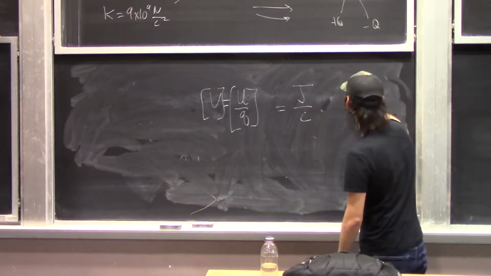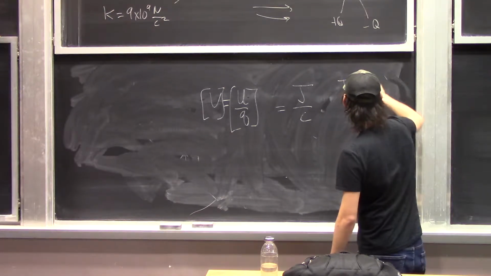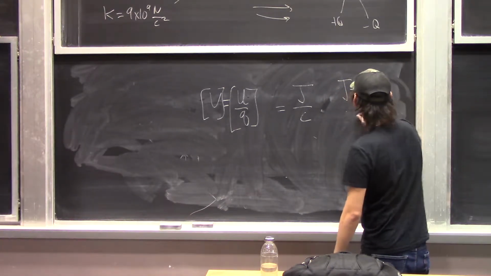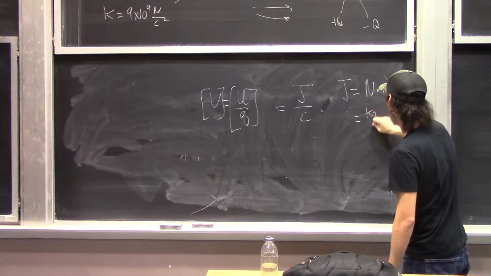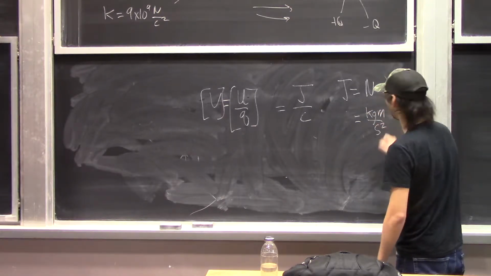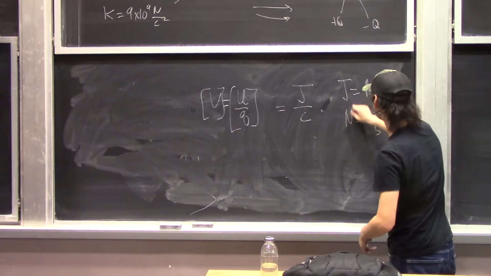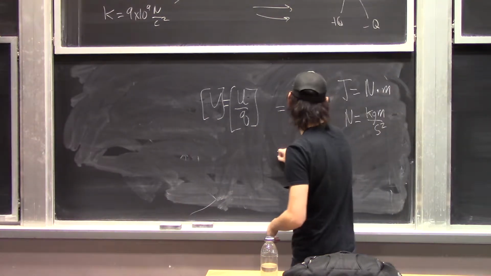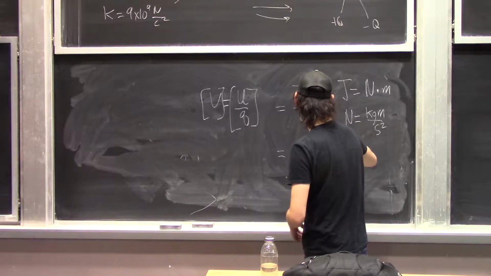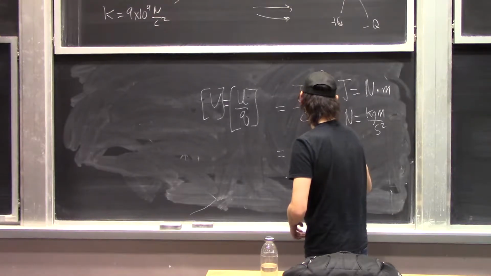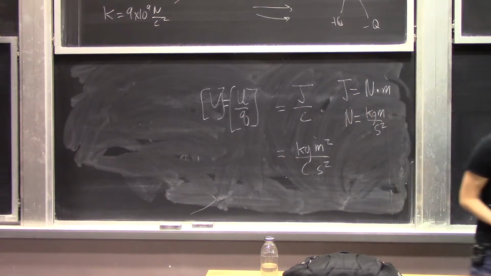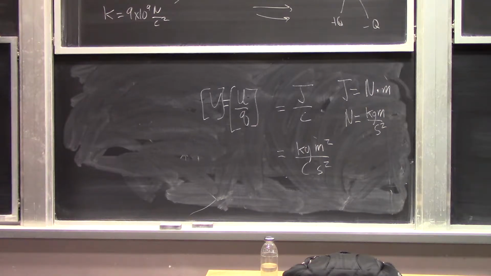But a joule, we know, is a Newton times a meter, and a Newton is a kilogram meter per second squared. So if we work backwards all the way through this, what we end up seeing is that this is going to be a kilogram meter squared per Coulomb second squared. Okay? Any problems with that? These are the usual tricks that we play with dimensional analysis.